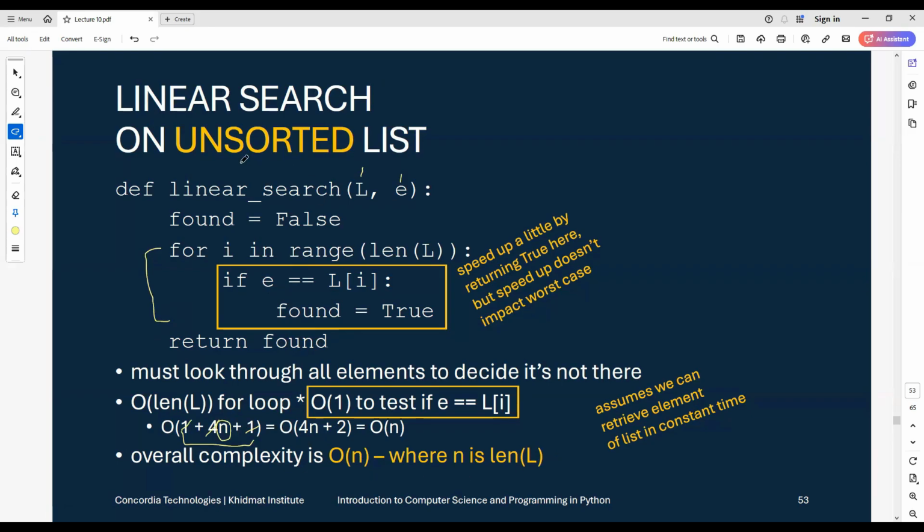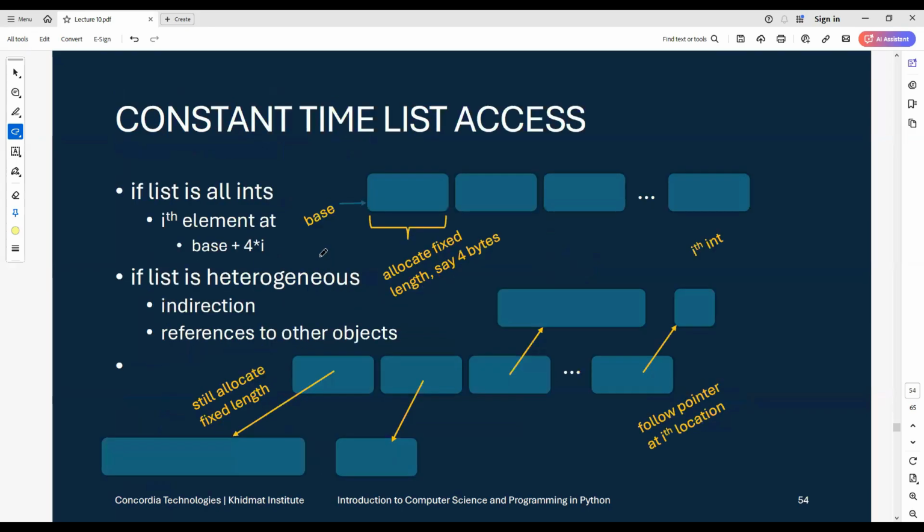So searching within an unsorted list for an element E, the complexity would depend on the size of the list L, or the length of the list L. So this is a big O of n, where n is the length of this list. This is a simple representation of how things are stored in memory.